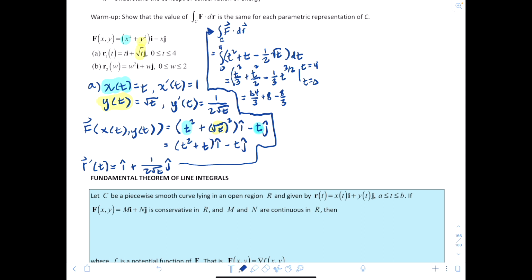And that in turn gives us 64 minus 8 is going to be 56/3, and then plus 24, getting a common denominator. So that gives us 80/3. Awesome. And that was for part A.